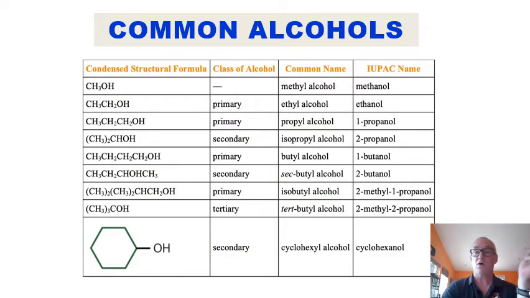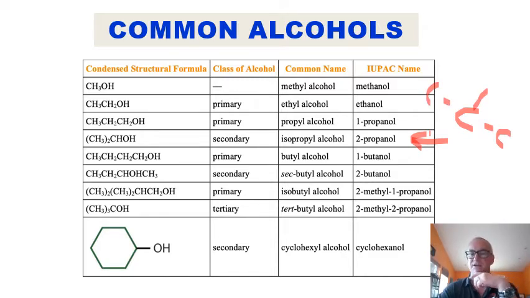Some of the common alcohols, no doubt you've heard of, methanol and ethanol. Those are really, really common solvents in the lab. We've got propanol, 2-propanol, also called isopropyl, because when we have a carbon on either side and then something attached to the middle carbon, we basically say that that's not quite a propyl group, it's an isomer of a propyl group, and so we call it isopropyl.